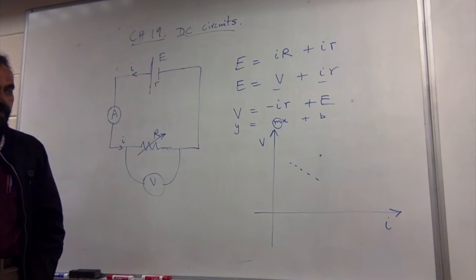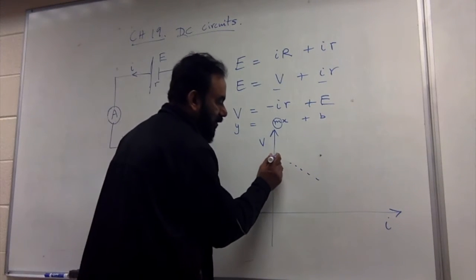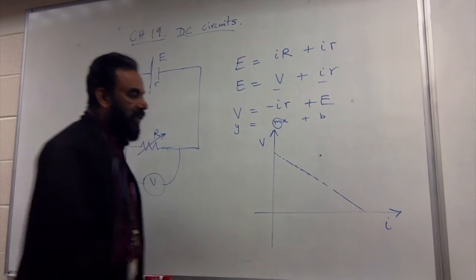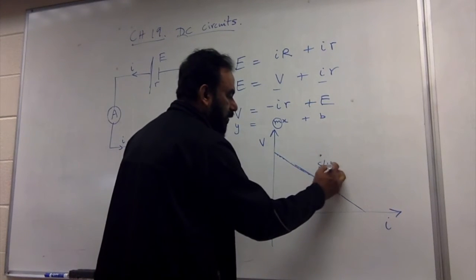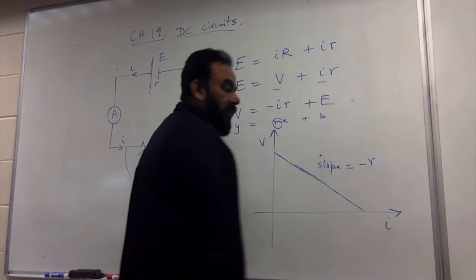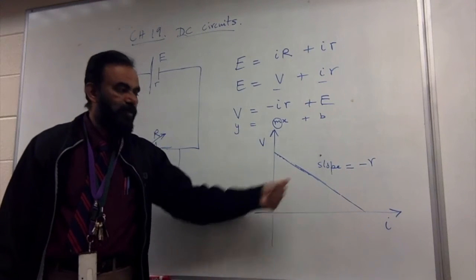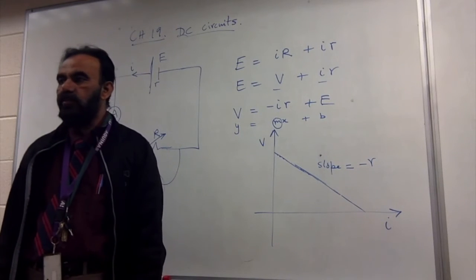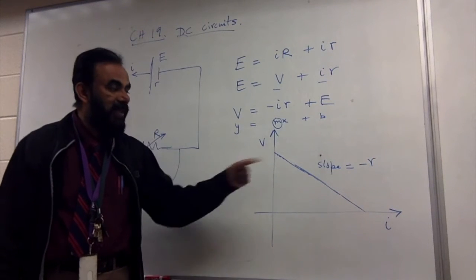Then you extrapolate those points and draw a straight line. The slope of the line should be minus r, correct? So if the slope is coming out as minus 2, then 2 ohms is the internal resistance. You get it? So we can measure the internal resistance from the graph.